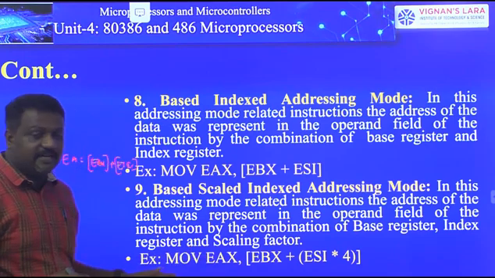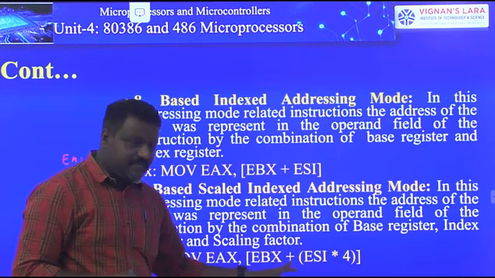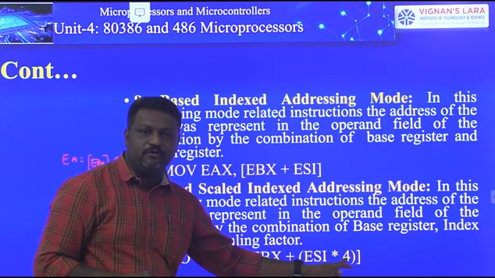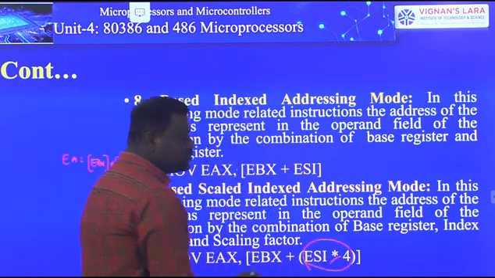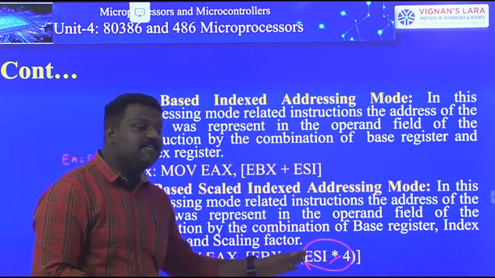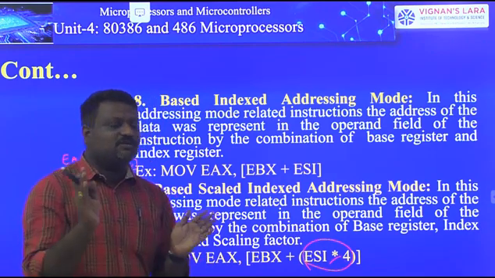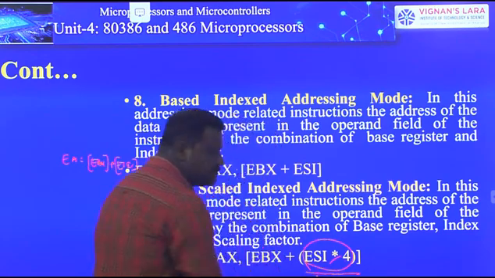So see here guys, an example: MOV EAX, [EBX + ESI*4]. That means first you multiply the ESI value with the scaling factor 4. Then the value we get, for example you can assume some XX.